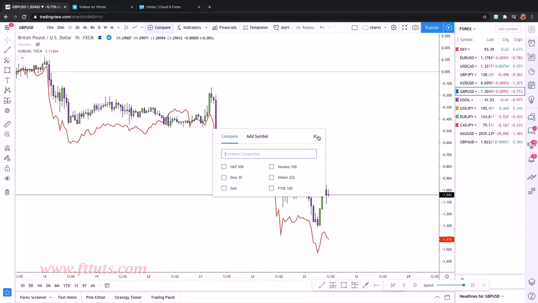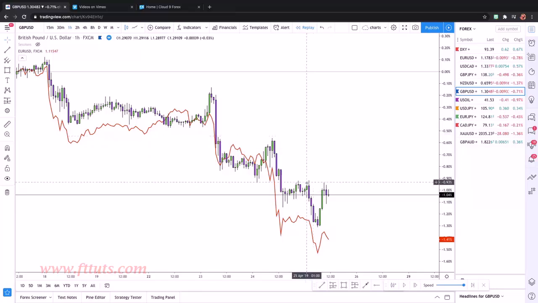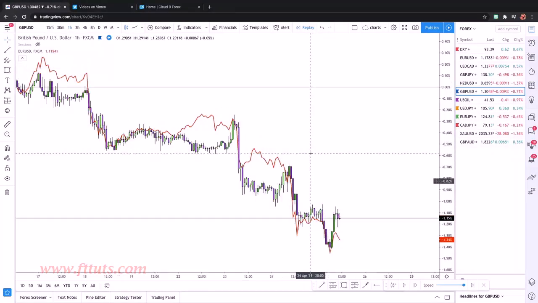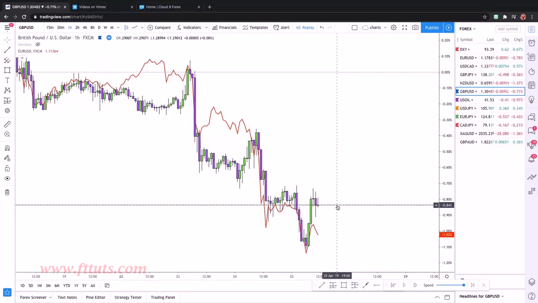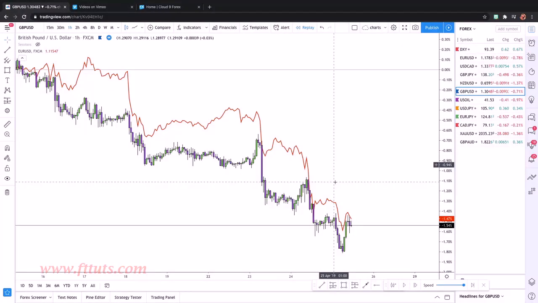For Euro USD and GBP USD, they are about 90% correlated, so that means it's a positive correlation. This shows we're looking at GBP USD and comparing Euro USD, and it's showing you exactly how it's moving. Like I said, it's pretty much the same.